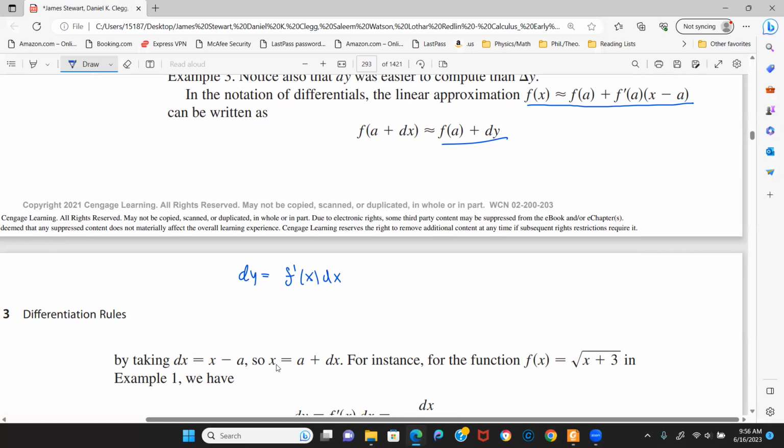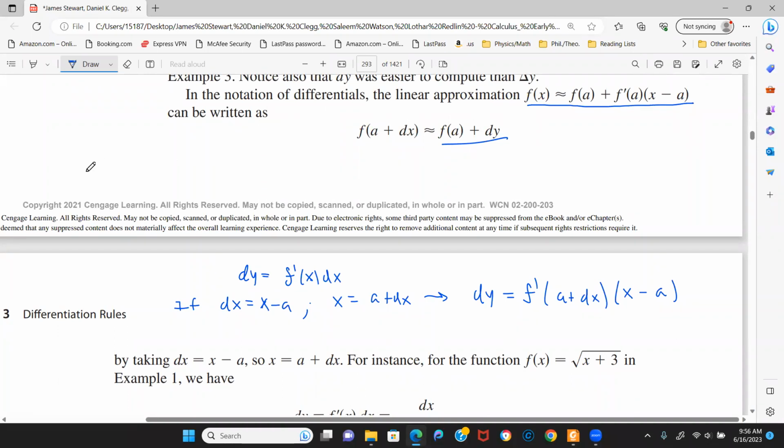Oh yeah, and then if dx just is equal to x minus a, then of course you can solve for x, it'll be equal to a plus dx, and then you can plug in, so now dy is going to be equal to f prime of a times x minus a. I don't really see how they get that though, and why that's even interesting.